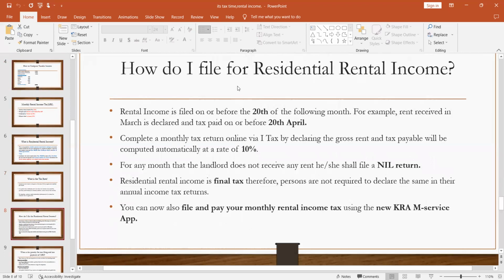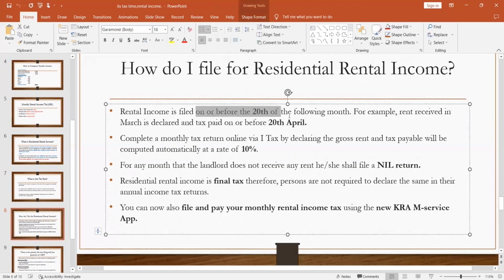How does one file for the residential rental income? Remember, the rental income is filed on or before the 20th of the following month. Just like when we talked the other time about the TOT, the turnover tax, the same applies. The deadline is the same. So this tax also needs to be paid on or before the 20th of the following month.